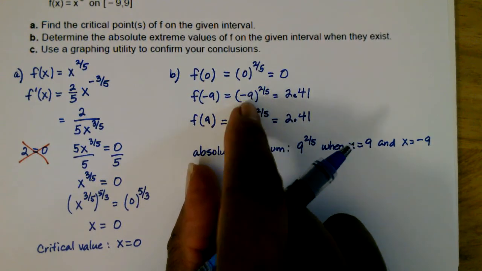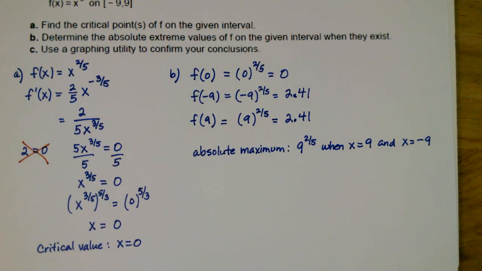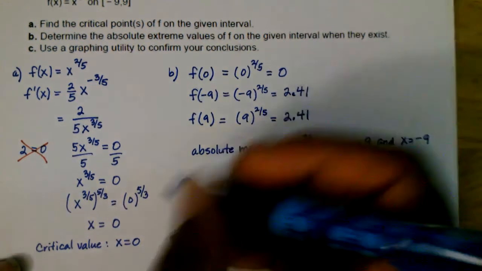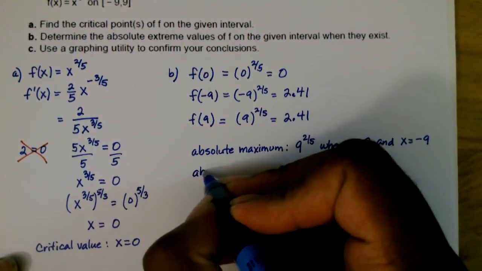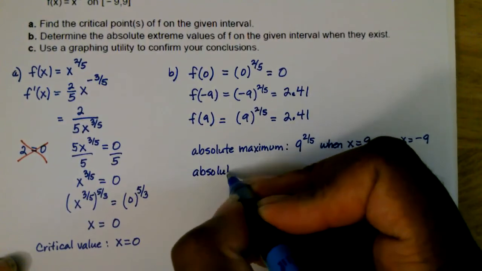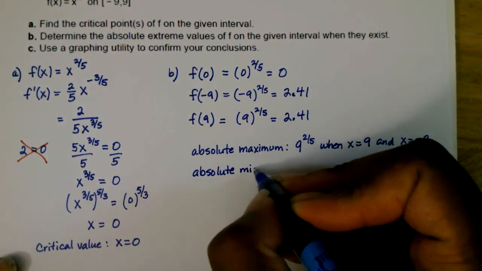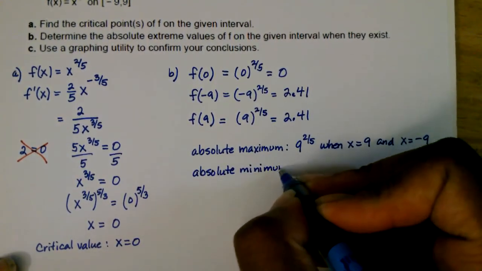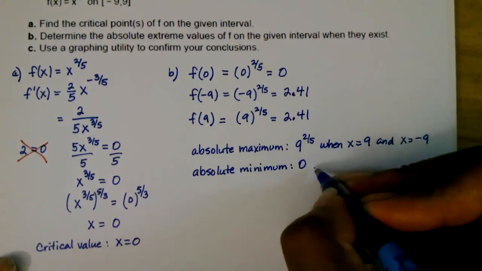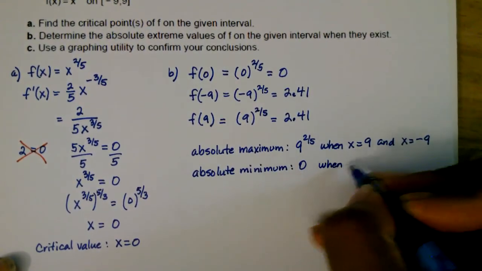So if you square something that's negative, that's going to be positive. So it'll be 9 to the 2/5 anyway. So at -9 and 9, my absolute maximum will be 9 to the 2/5 power. And of course, 0 will have to be the absolute minimum, and that is when x is equal to 0.